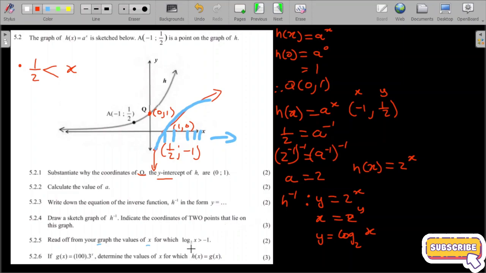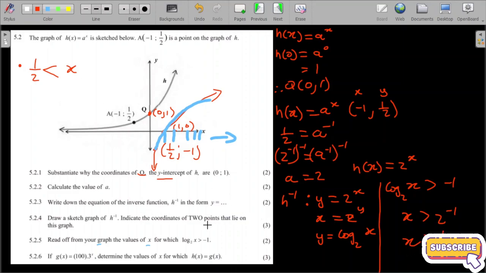If we have to just solve it, not reading it from the graph, I just want to show you something which is going to give us exactly the same answer as this one. So it is log x, which is greater than -1. Now making x the subject of the formula, it's going to be x greater than 2 to the power -1, which is 1 over 2.